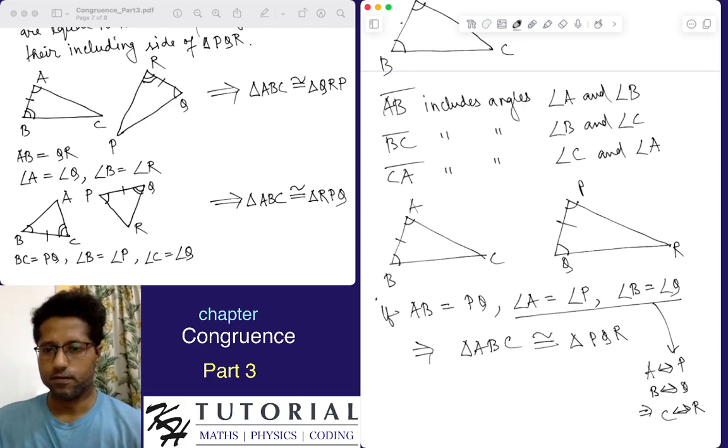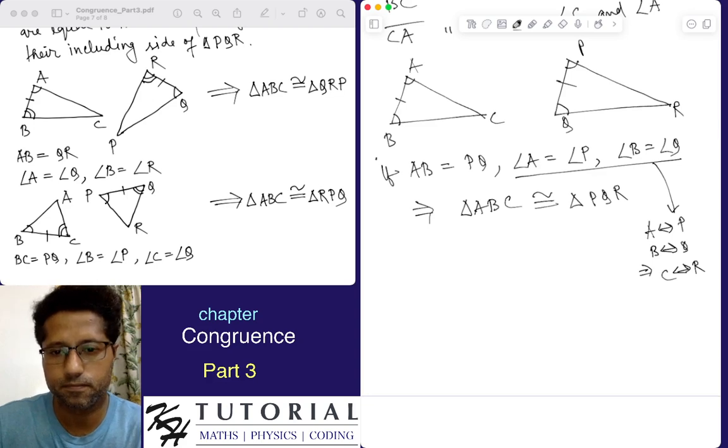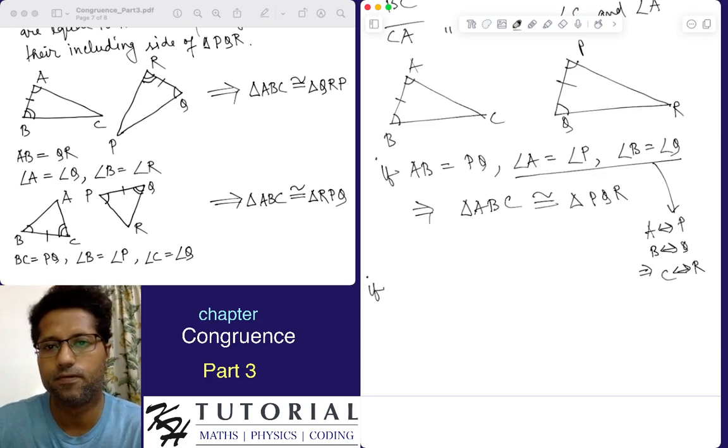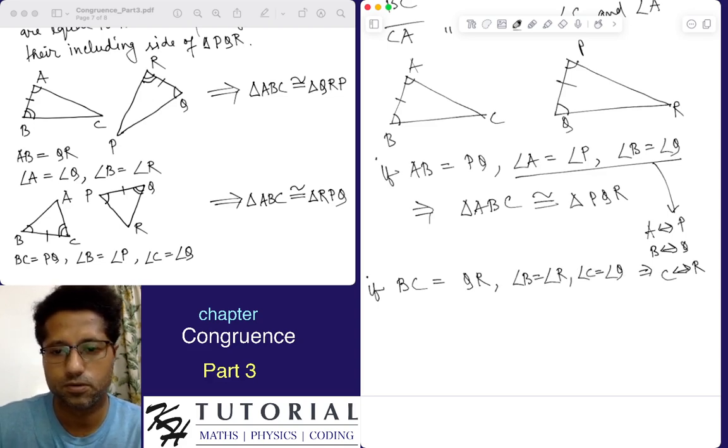Okay, so in this figure, let's say it was given that BC is equal to QR, and we know that angle B is equal to angle R and angle C is equal to angle Q. So this will imply the congruence relation.